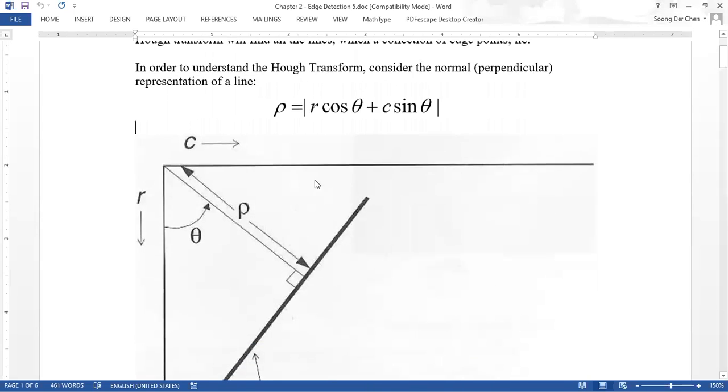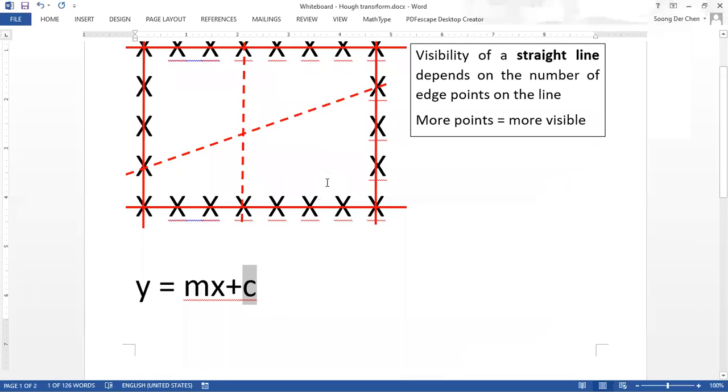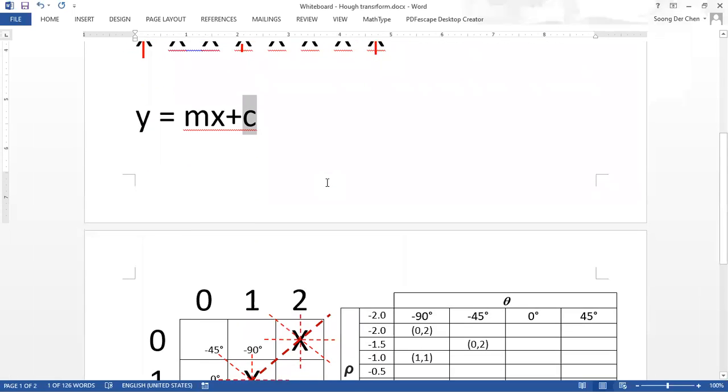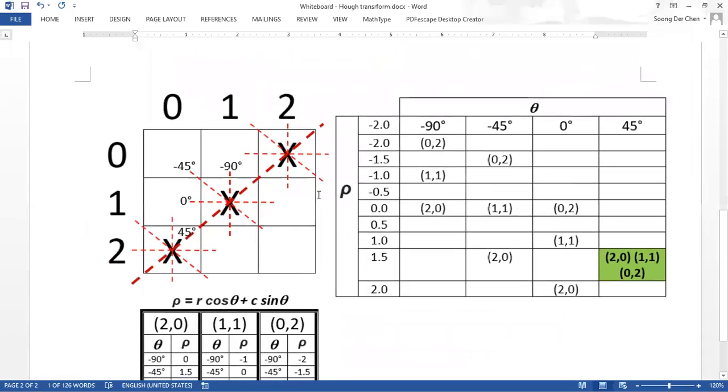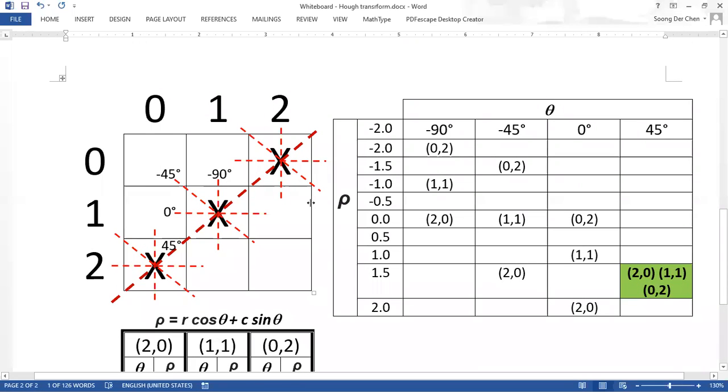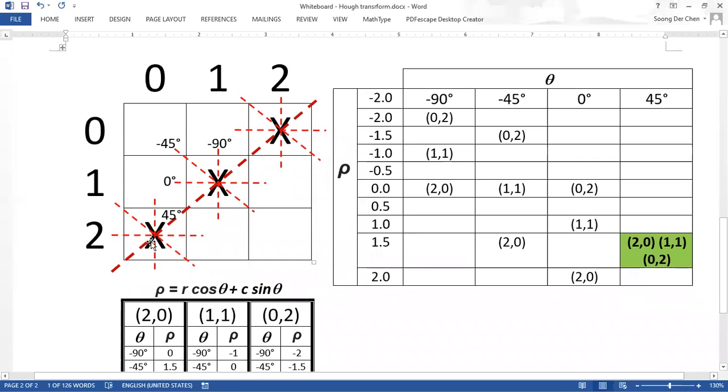So now, how do we actually detect a line? Let's focus on this figure first. Suppose you have 3 edge points, and we want to find the lines formed by these 3 edge points. Our approach is basically to list all the lines that pass through these points.